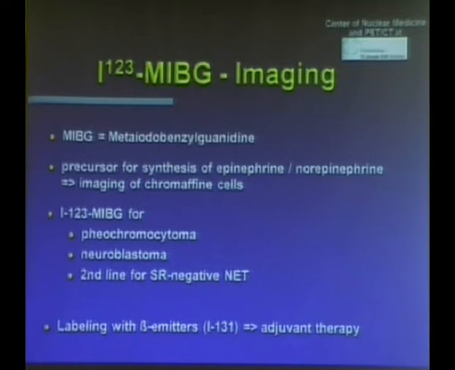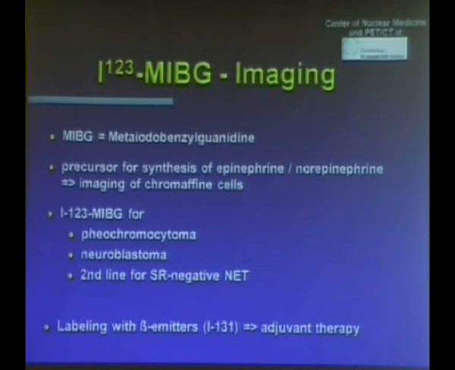Of course, the indication is at first the pheochromocytoma patient and the neuroblastoma patient. But as shown before, you have to know that neuroendocrine tumors can show somatostatin receptor positivity and chromaffin positivity, or vice versa.